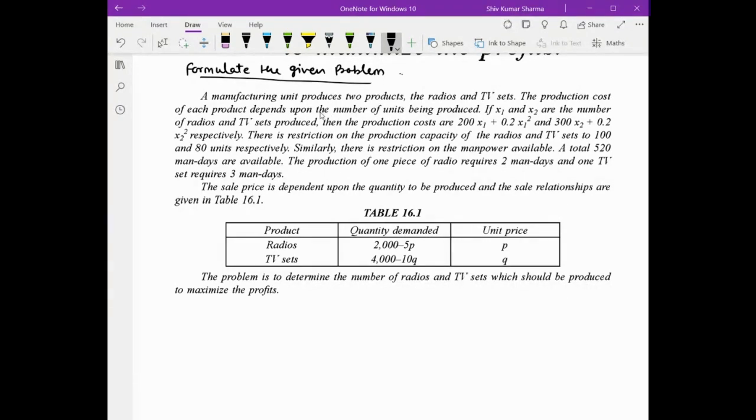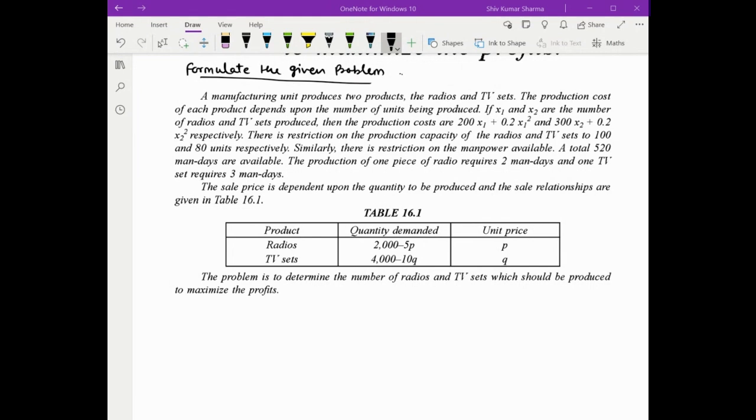That means first we understand the language. The manufacturing unit produces two products, radios and TV sets. The production cost of each product depends upon the number of units being produced.